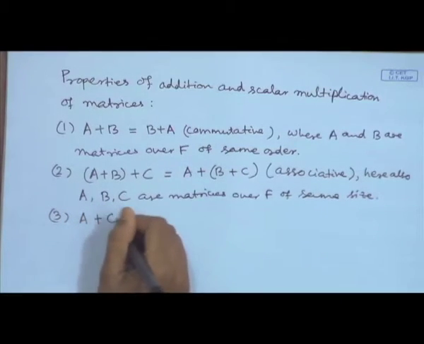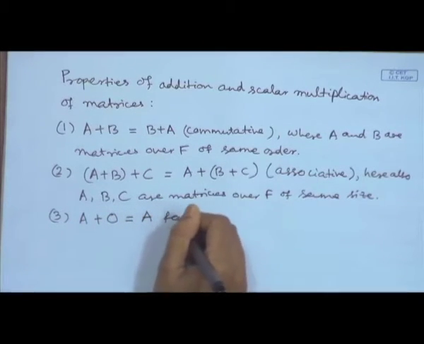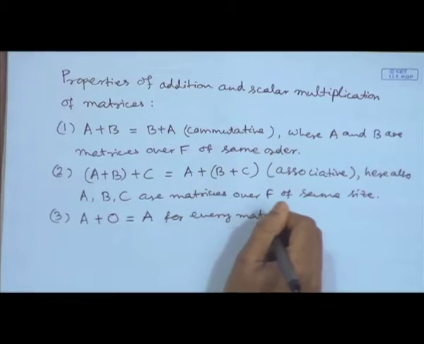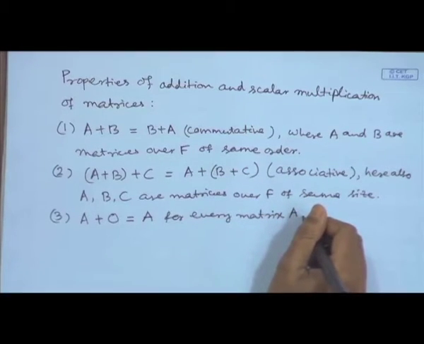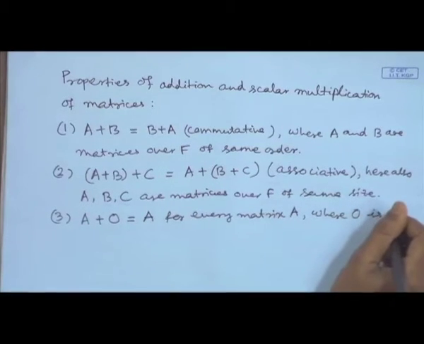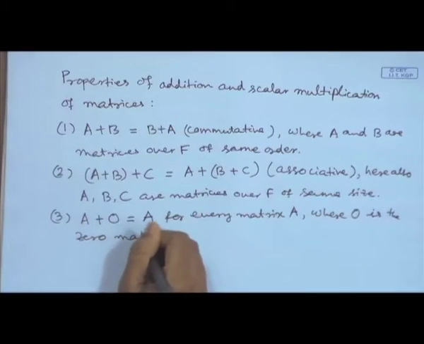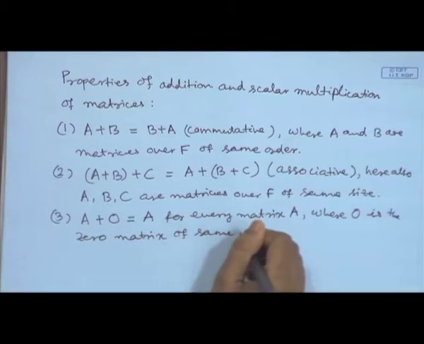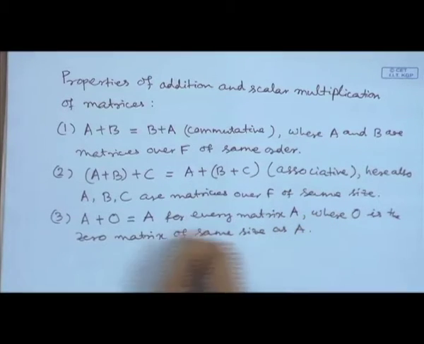If we add the 0 matrix, then A plus 0 is equal to A for every matrix A. Of course, the size of A and 0 are the same.